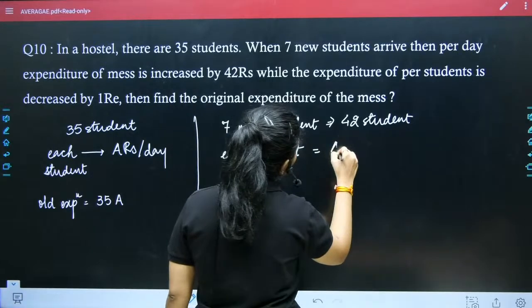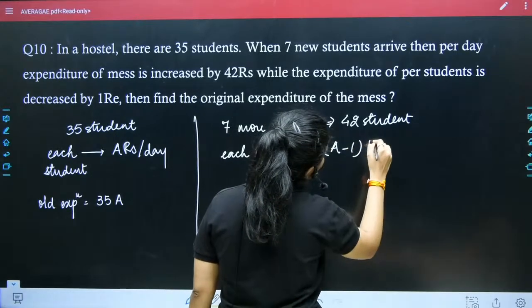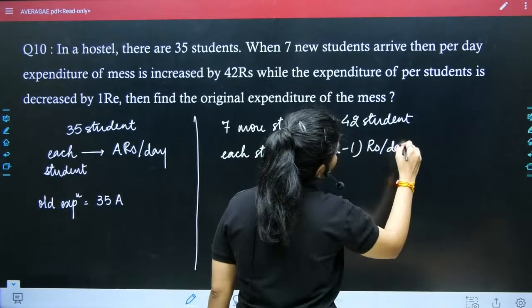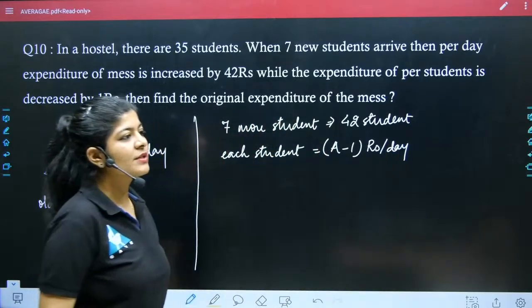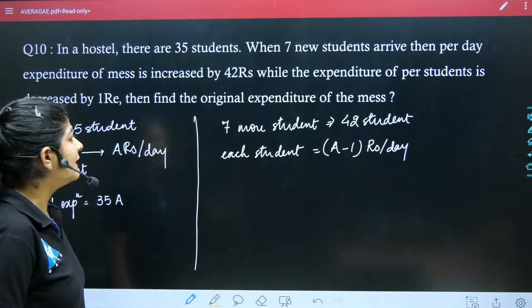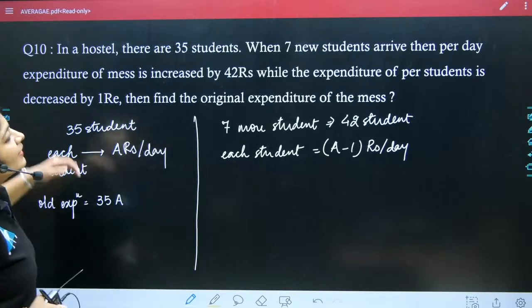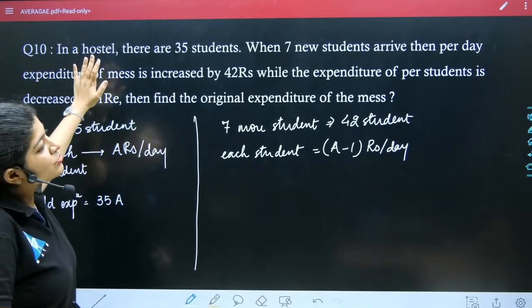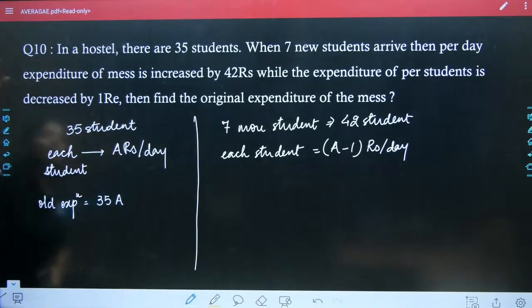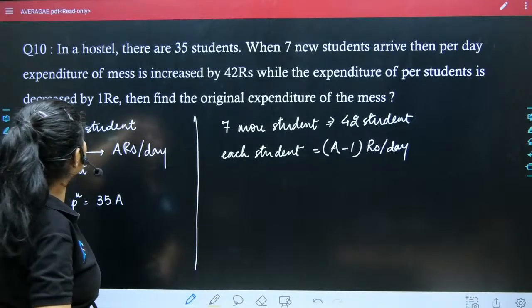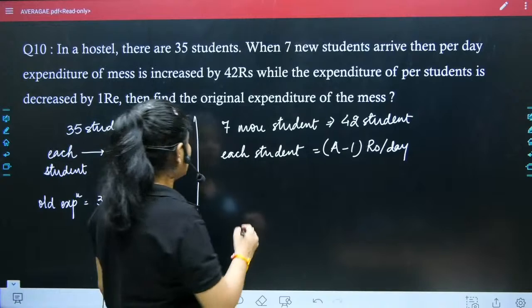That means that should be equal to A minus 1 rupees per day. And it is given that when 7 new students arrive, the expenditure of mess is increased by 42 rupees.